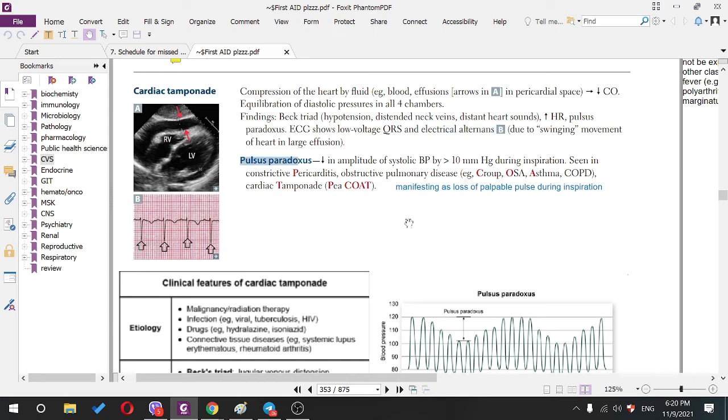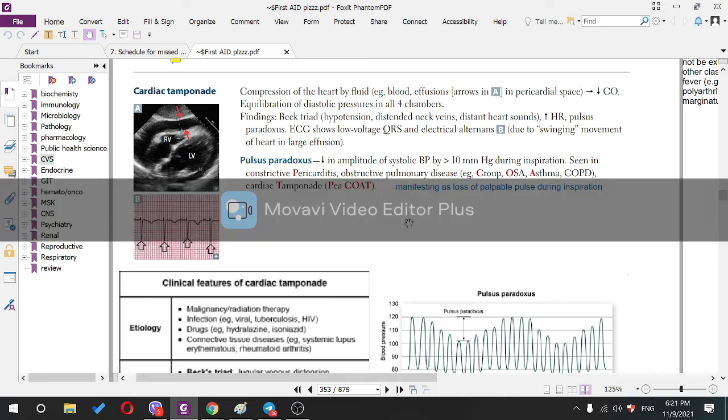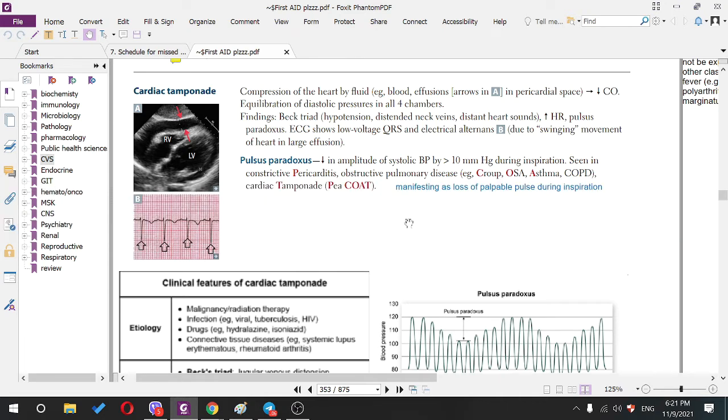The pulsus paradoxus. Okay, now I kept annoying you since the beginning of this class by asking you which chamber of the heart is the thinnest. Is it the left ventricle or the right ventricle? Right ventricle. Since the right ventricle is much thinner, you can imagine, guys, it will be more affected by the what?